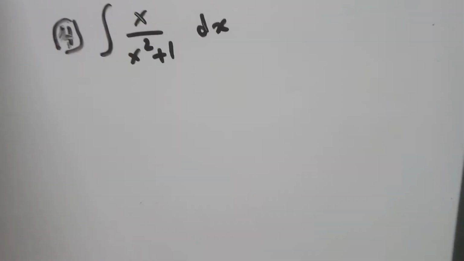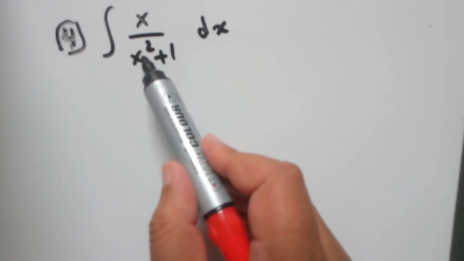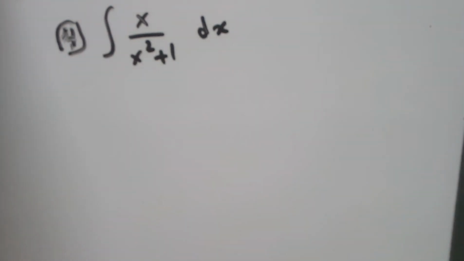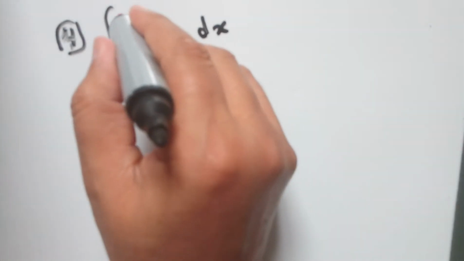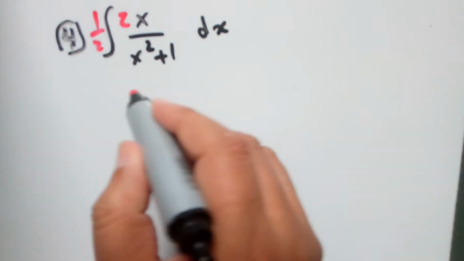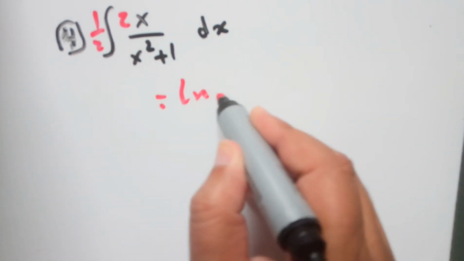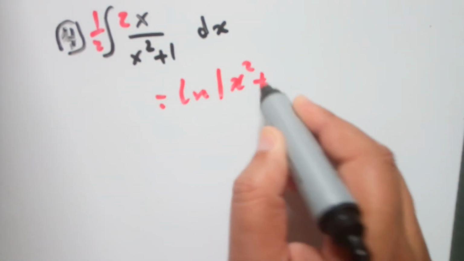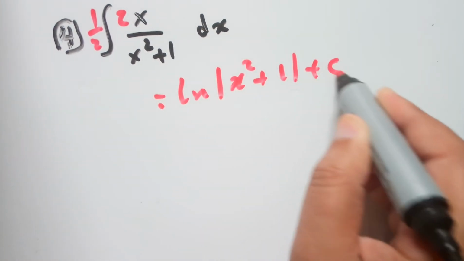I think it is an easy example. Here the derivative of x squared is 2x. Then you will multiply up by 2 and divide by 2. Then it will be one half ln absolute value of x squared plus 1 plus c.